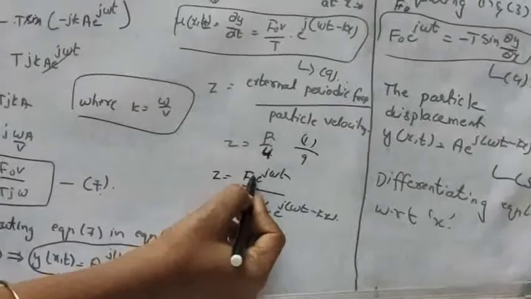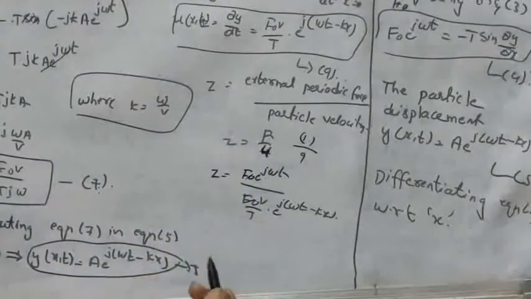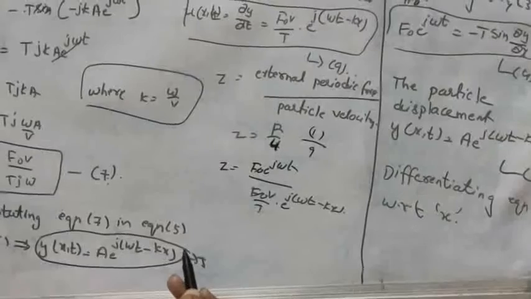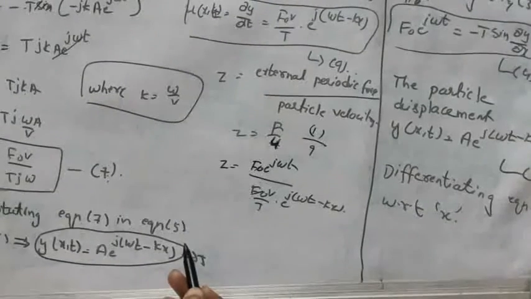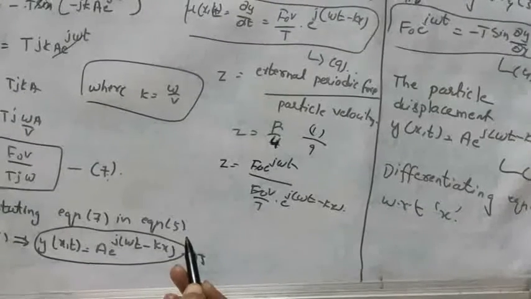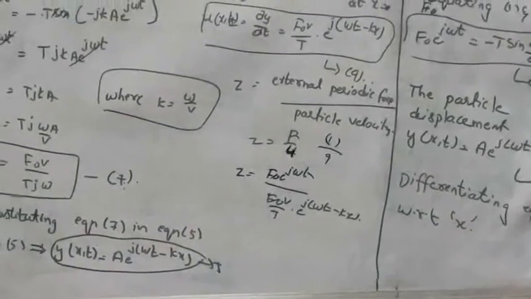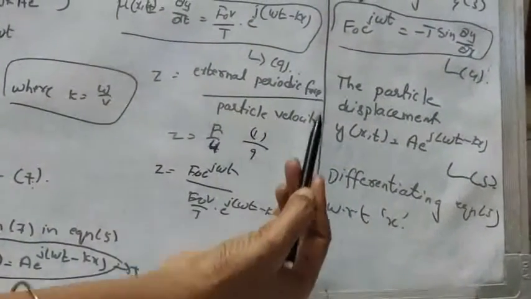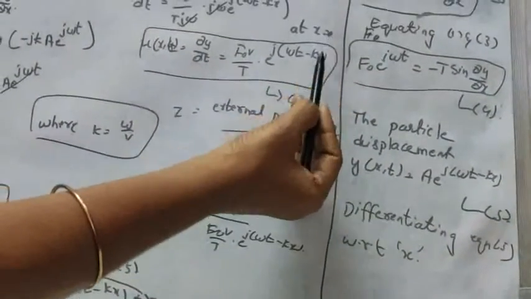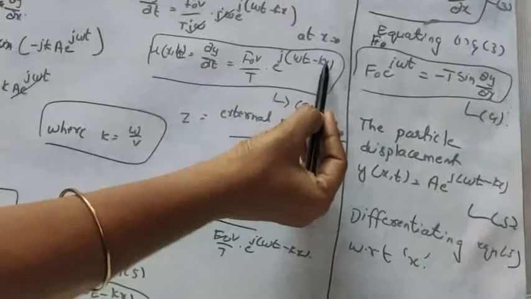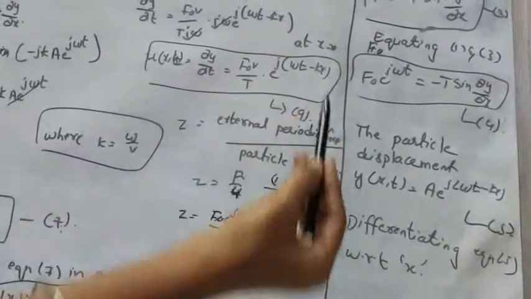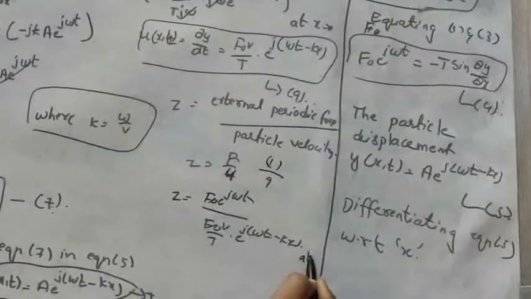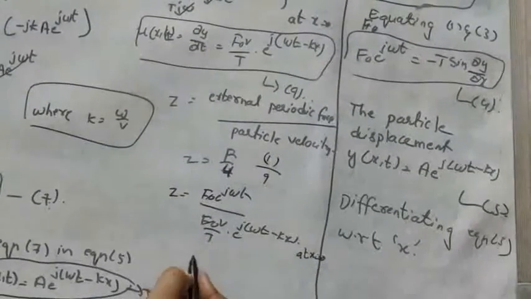F naught gets cancelled. Here we are considering e power j omega t. What is the condition? At x is equal to 0. That means wherever x is there you have to keep 0. So what you will get overall? E power j omega t.